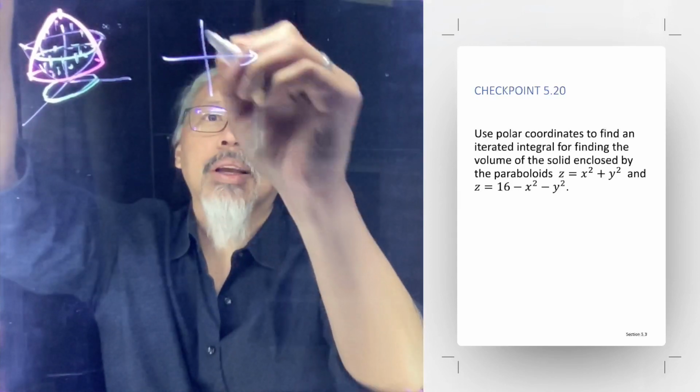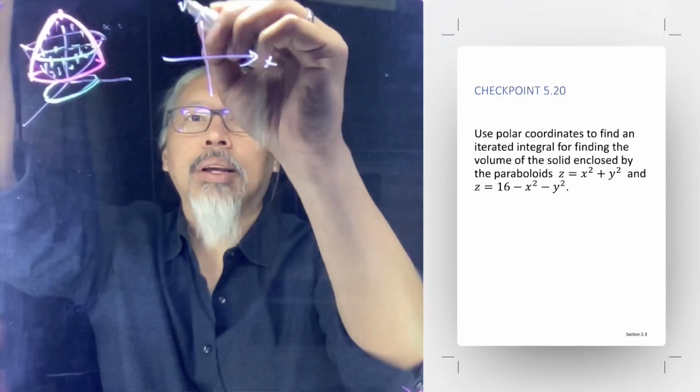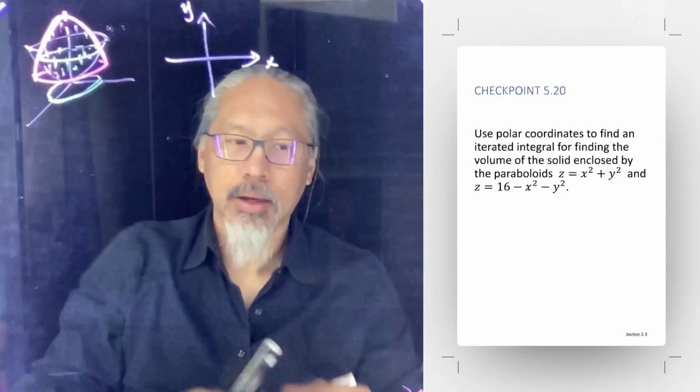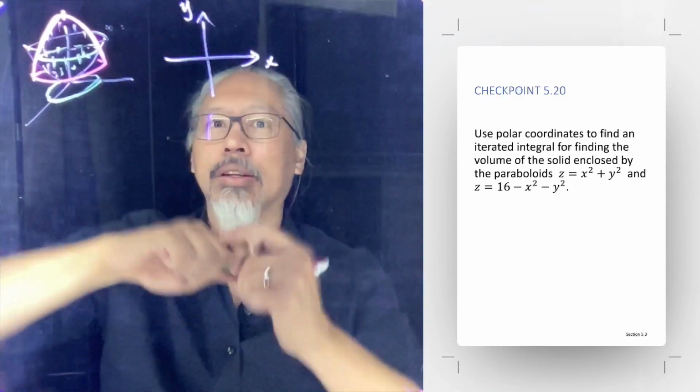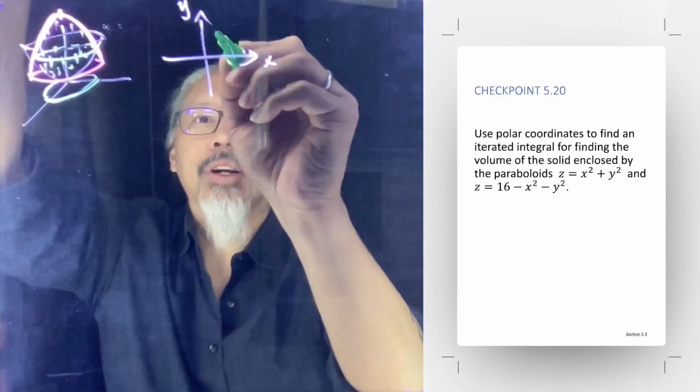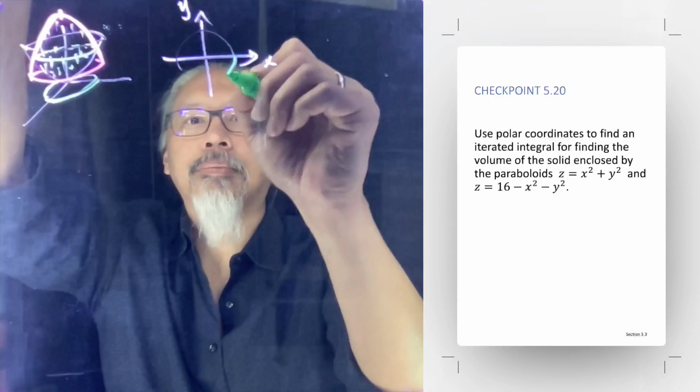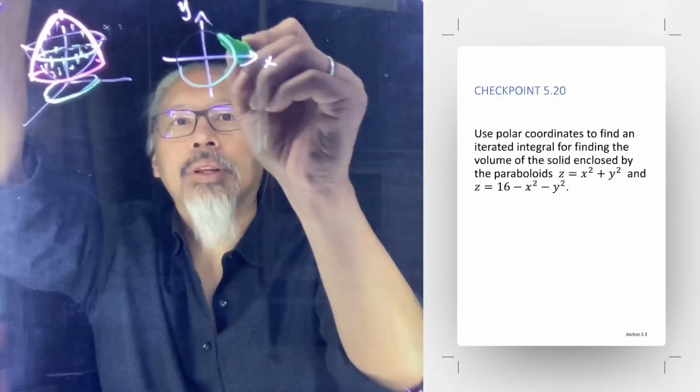So if we look at the shadow on the xy plane, we're going to get this intersection projected down onto the xy plane, and we will need to know what that is.